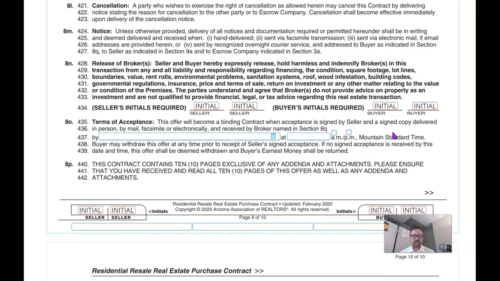So that's a line in here that says offer shall be deemed withdrawn and buyer's earnest money shall be returned. And that's just in there in case, like in the old days, the brokerage actually had their own trust account. The seller's agent would have been holding on to a check that entire period, and they would have deposited those funds in the trust account. This would allow the trust account to turn the money back over to the buyer.